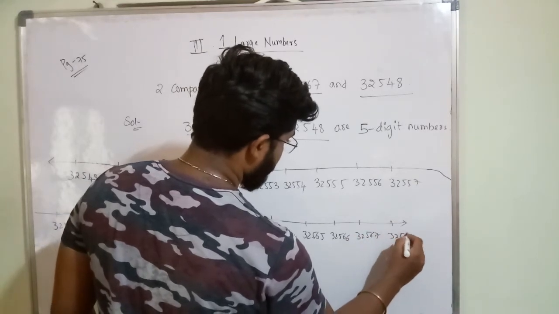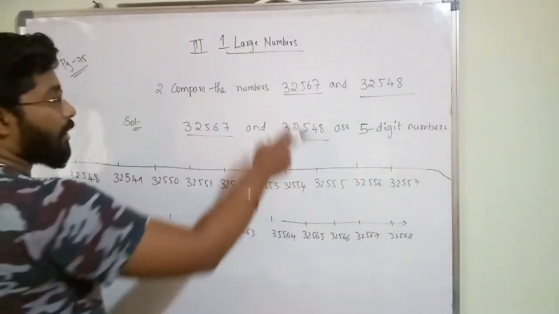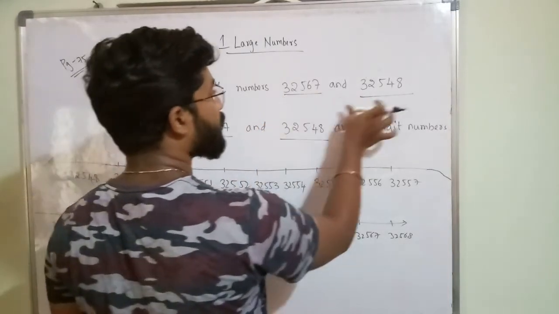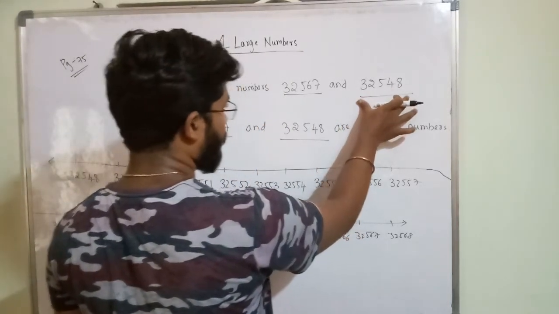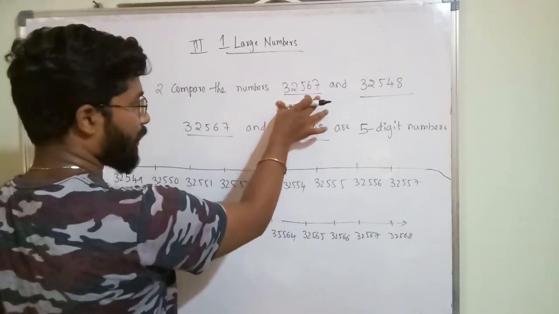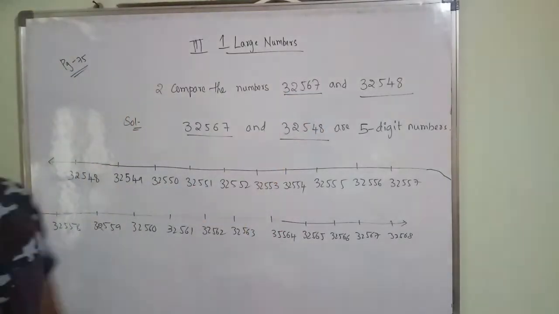So let us write the numbers between 32,548 and 32,567. There is a statement called the number that comes later.